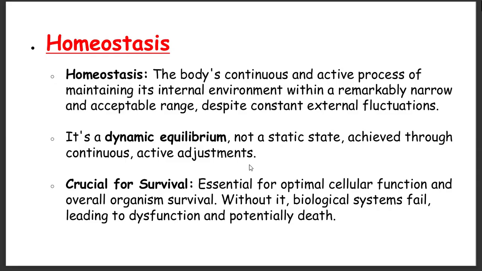Because if that particular fluctuation is not corrected, it will keep on fluctuating and it will be outside the acceptable range. And if that happens, the cellular activities are going to start failing. And if they continue failing, it can lead to death.